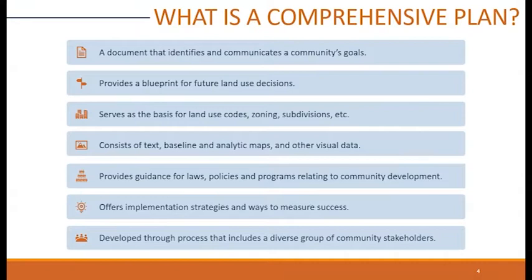Ultimately, it's going to be providing guidance for laws, policies, and programs relating to the town's community development. Importantly, it's going to offer implementation strategies and ways to measure success of what's identified as the town's goals, and it's developed through a process that includes a diverse group of community stakeholders, folks like yourself watching this video.